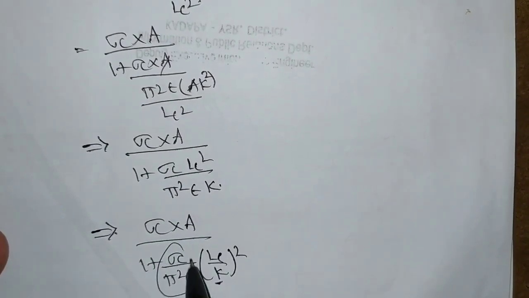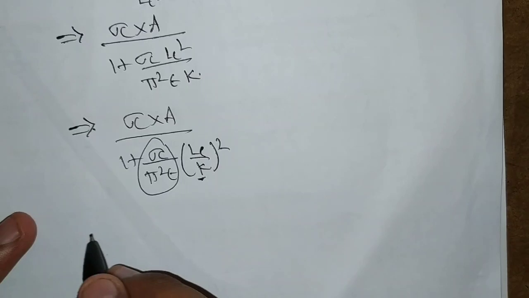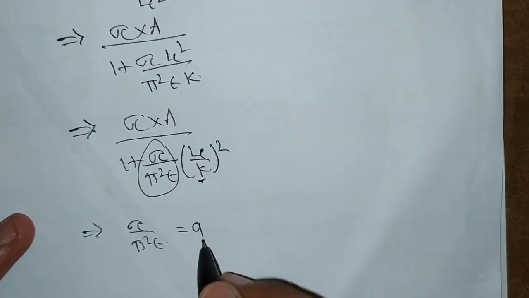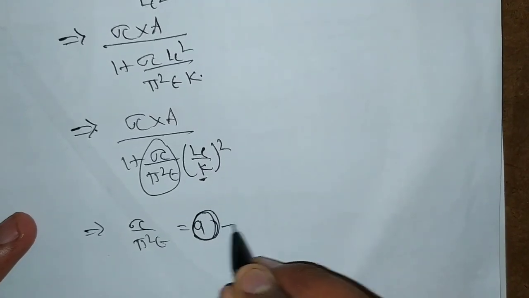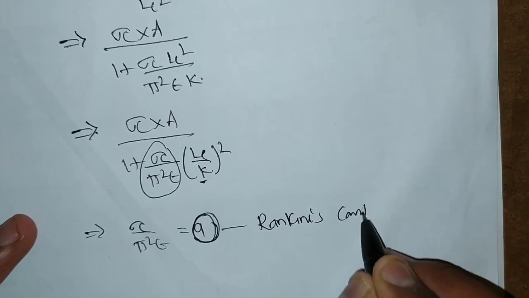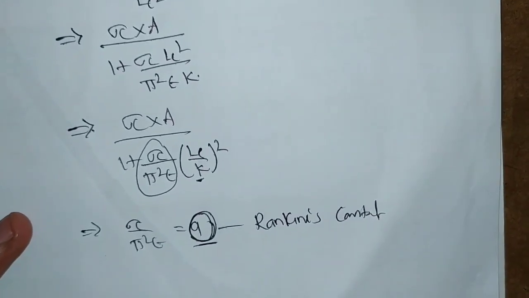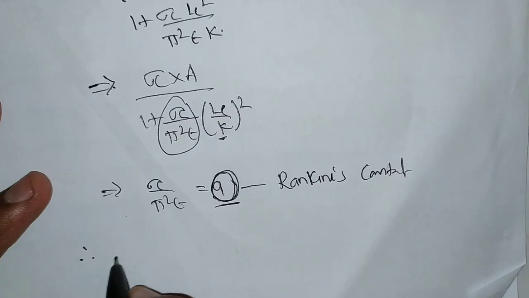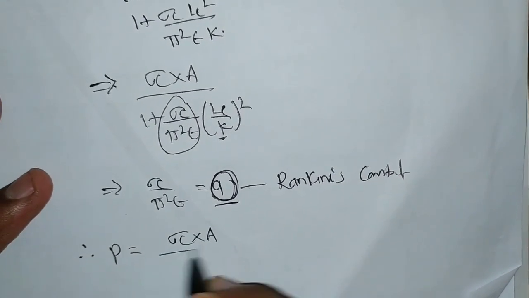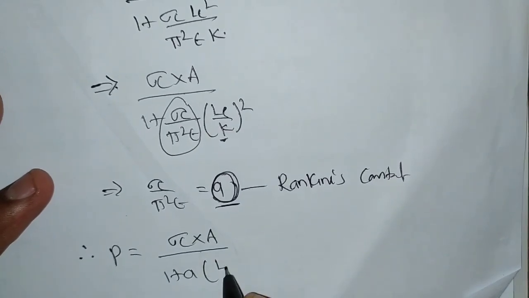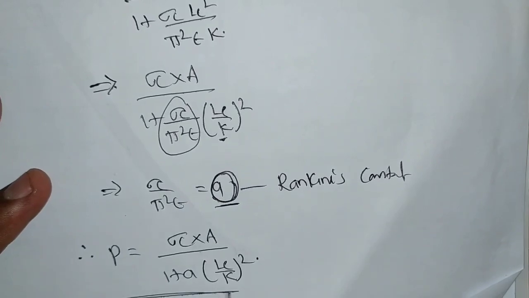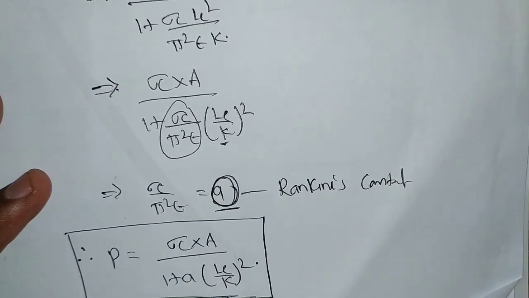The value of sigma C by pi square E can be written as a, where a is nothing but Rankine's constant. So finally, with respect to Rankine's formula, P is equal to sigma C into A by 1 plus a into LE by K whole square. So this is known as Rankine's formula.